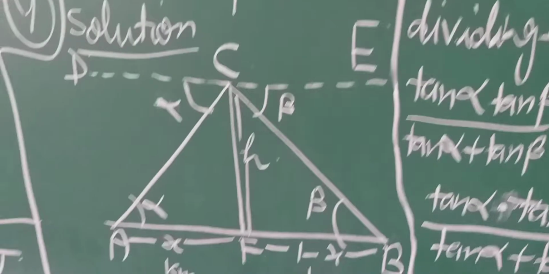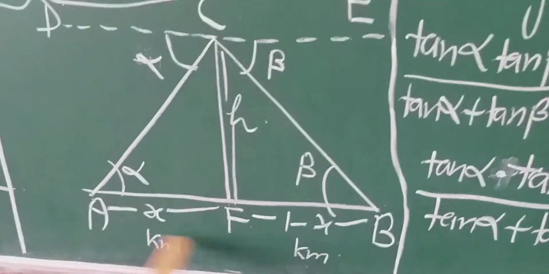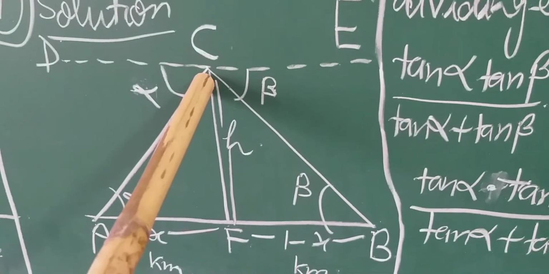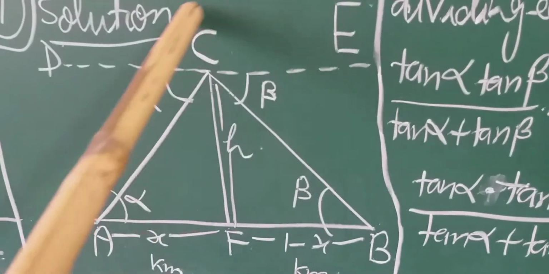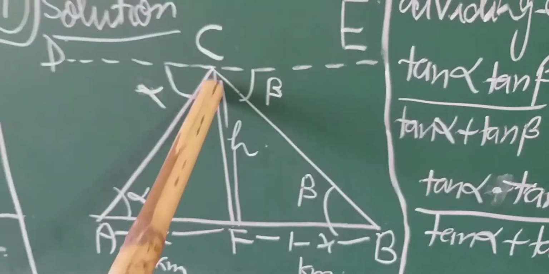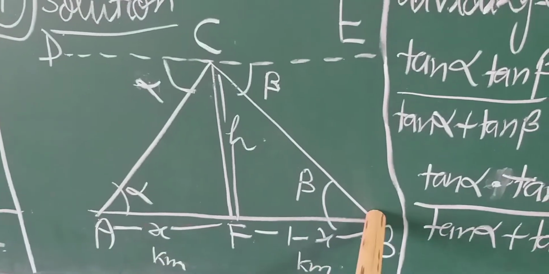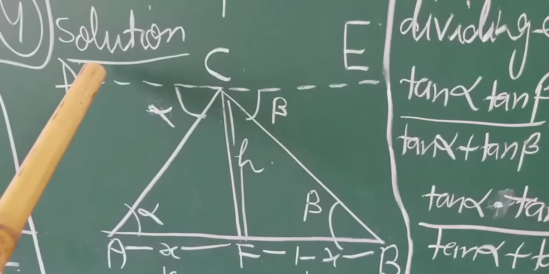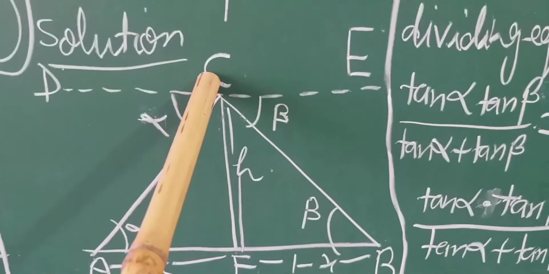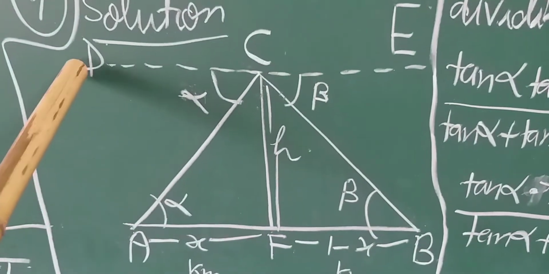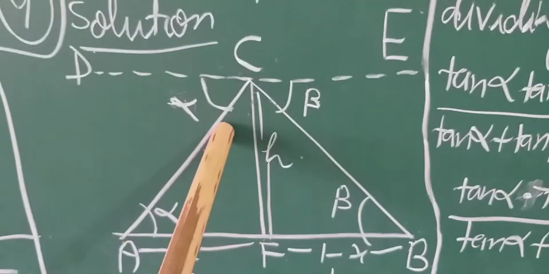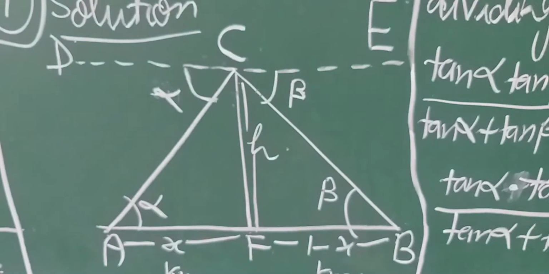So let the stones be at point A and B, and any passenger from the aeroplane, he saw both the stones. Angles formed from his eye are DCA alpha and ECB beta.